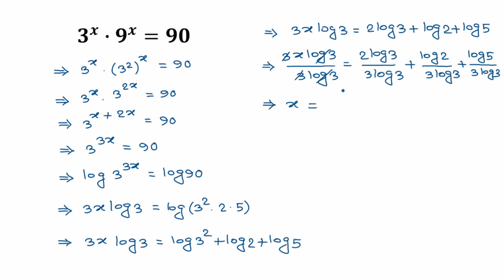So x is equal to, from the right side, log of 3 and log of 3 will cancel, and it will be 2 over 3, plus 1 over 3 times log of 2 divided by log of 3, plus similarly 1 over 3 times log of 5 over log of 3.